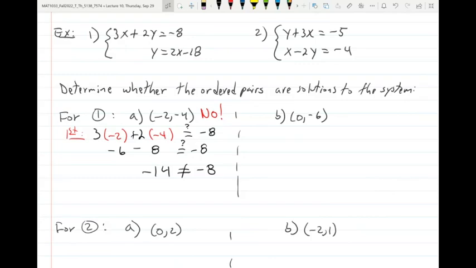Tell me which one works, which one doesn't. So B is only for the first one, and then these other two, A and B, are for system number 2.